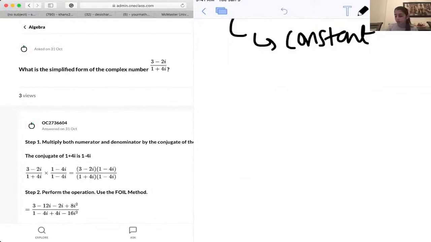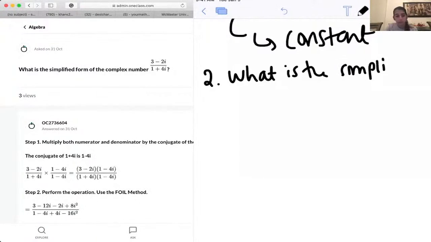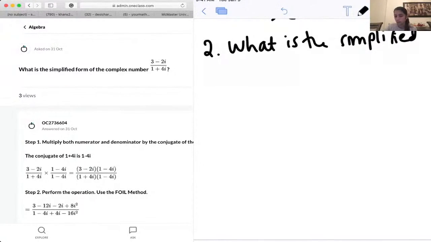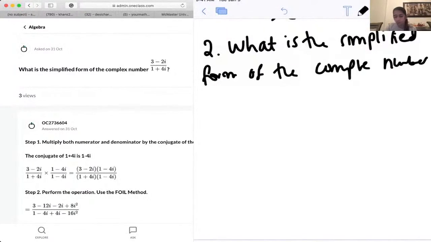So, I'm just going to write down the question. Over 1 plus 4i.